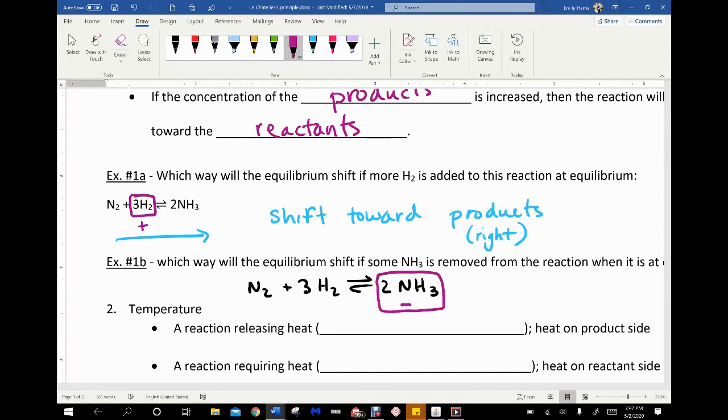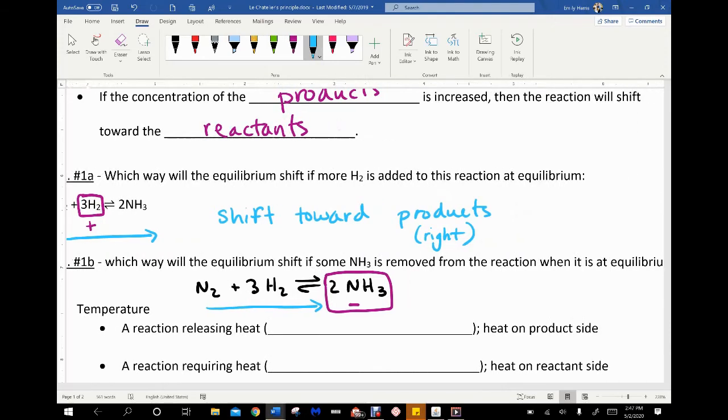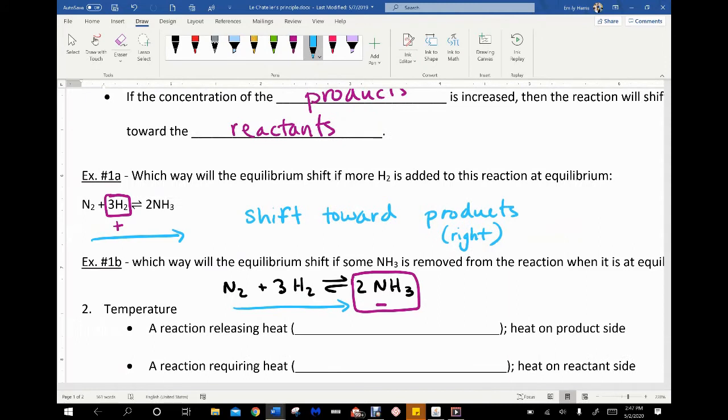So the thought is, if you take something away from the right, the opposite of taking away is replacing it. If we've taken away some of the product, we need to shift to the product side to remake it. So if you add something, you go to the opposite side. If you take away something, you go to the same side. So in this example, we'll also be shifting toward the products, which is going to the right.